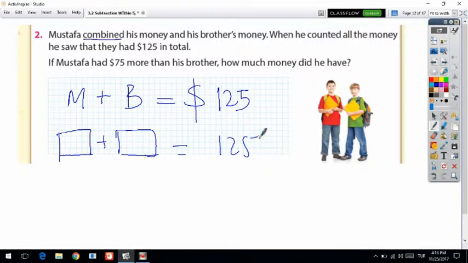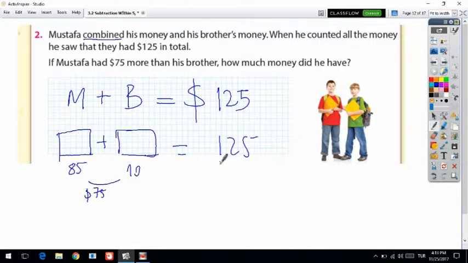Okay, let's guess it. For example, Mustafa's brother has $10, so $75 more, I need to write Mustafa 85, right? Because $75 more. When I add them, 85 plus 10 is equal to 95, not 125.